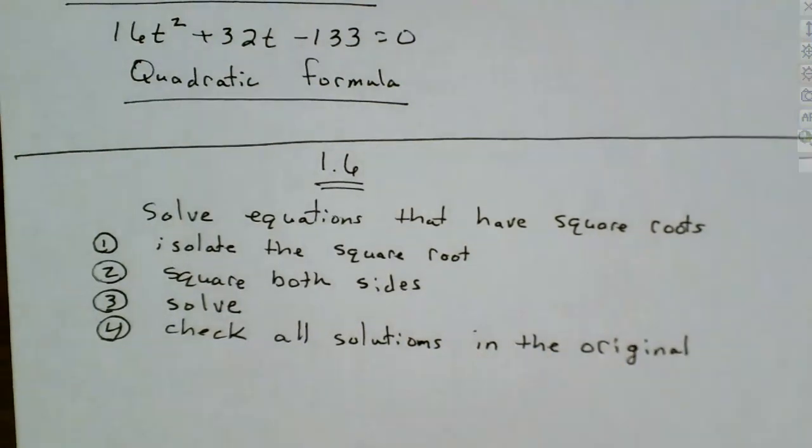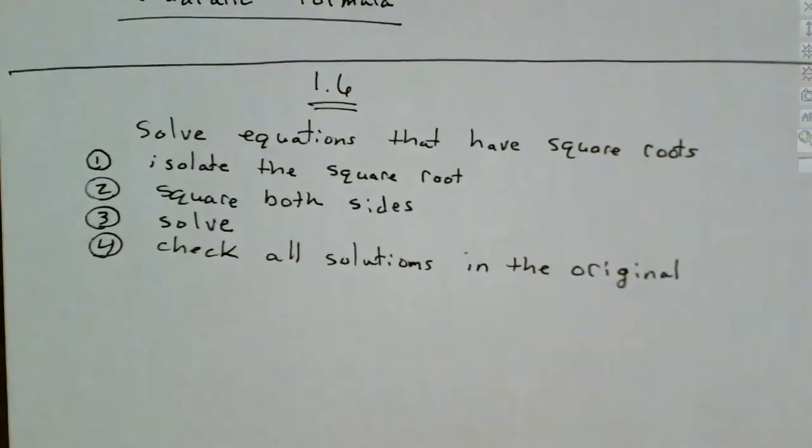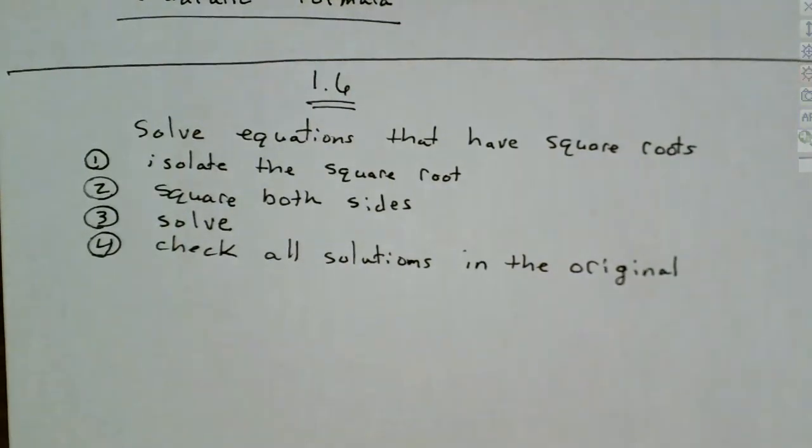So you're going to have to actually plug in the values that you get back in the original problem and check to see if they work. In most cases, you're going to get 2 solutions, and only one of them is going to work. But you've got to check both of them and see.